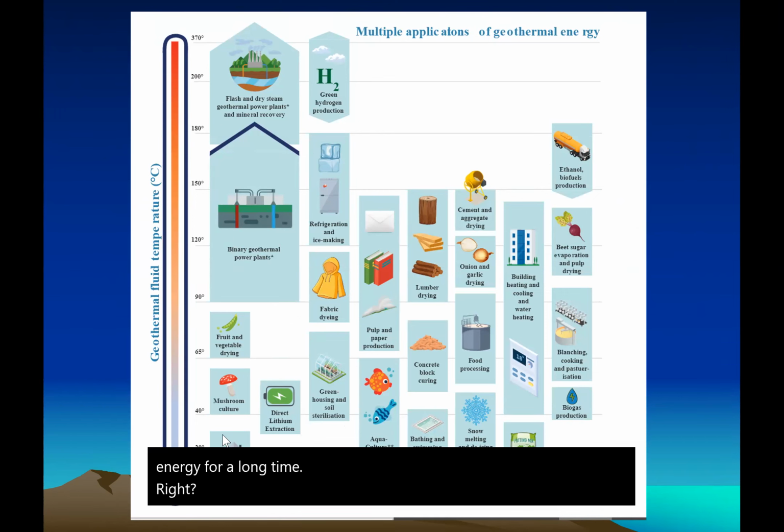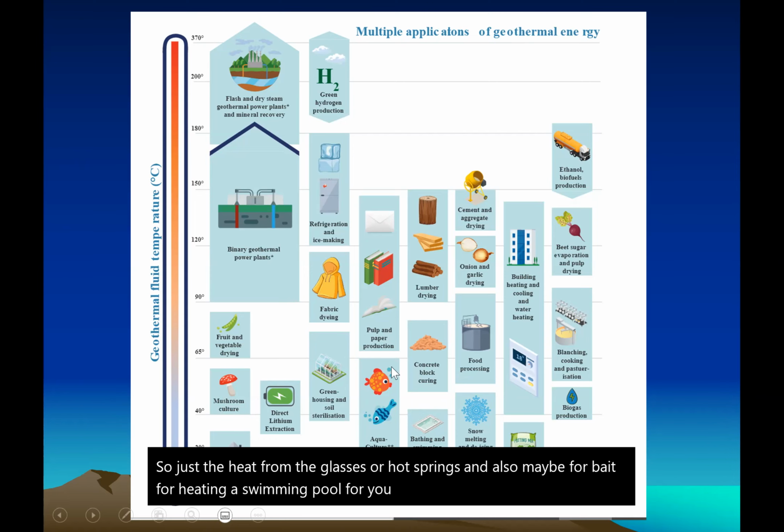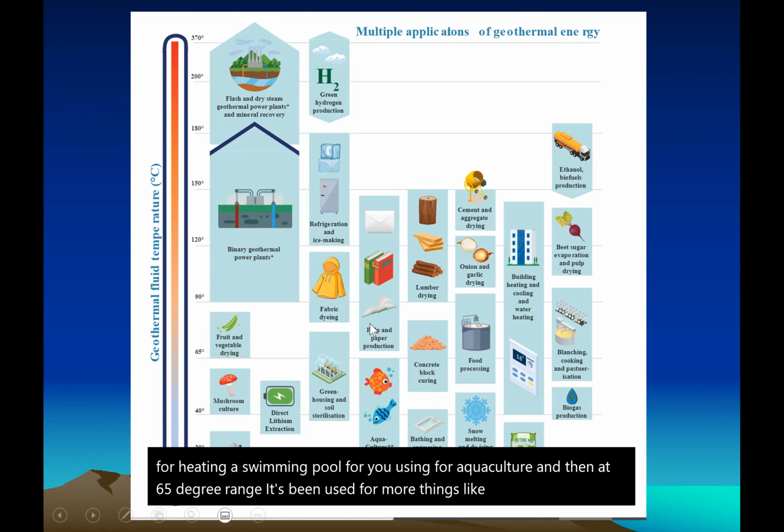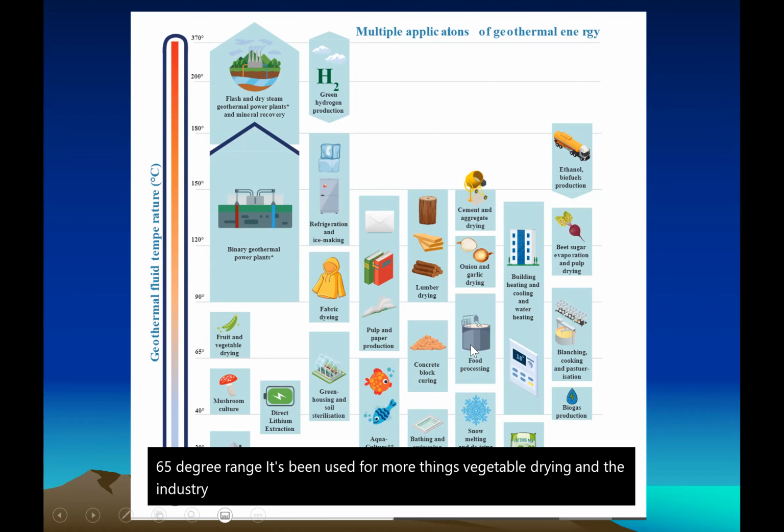At lower temperatures, like 40 degrees, it's been used for mushroom cultivation, just the heat from the geysers or hot springs, and also maybe for heating a swimming pool, or for aquaculture. And then at the 65-degree range, it's been used for more things like vegetable drying in industry, the concrete industry, the food processing industry, blanching and cooking, and pasteurization.